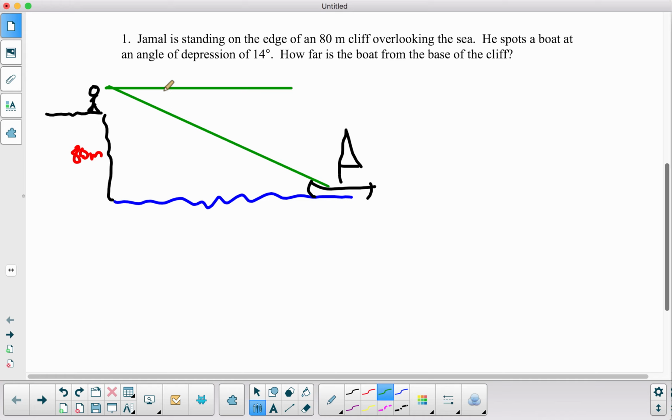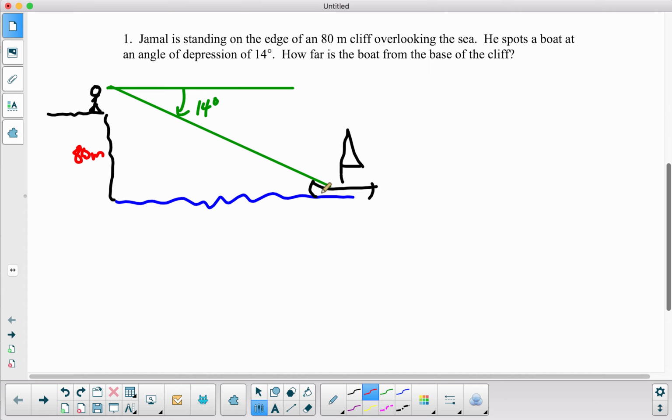So this angle of depression goes here, from the horizontal going down, and this is 14 degrees. It's really tempting to put that angle of depression in here because it's actually inside the triangle, but resist that urge and always put it from the horizontal going down. And how far is the boat from the base of the cliff? So what are we trying to find? Well, we're trying to find this horizontal distance here.